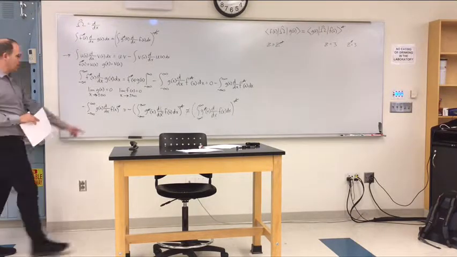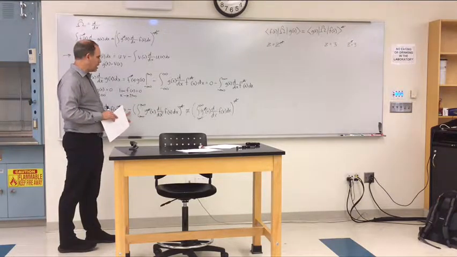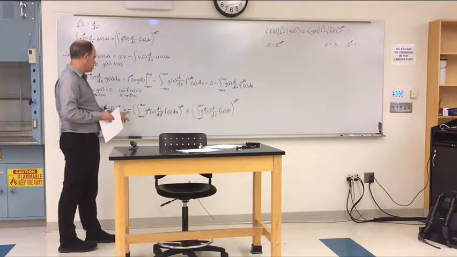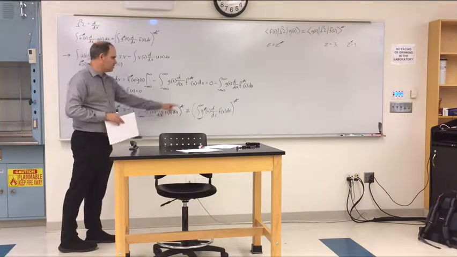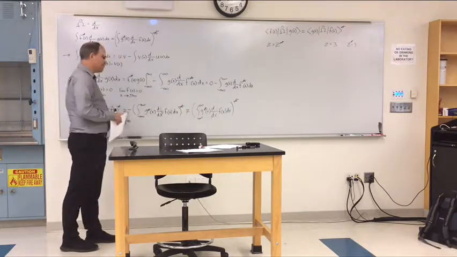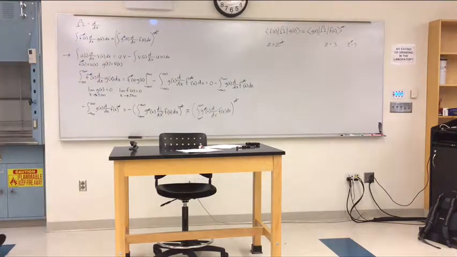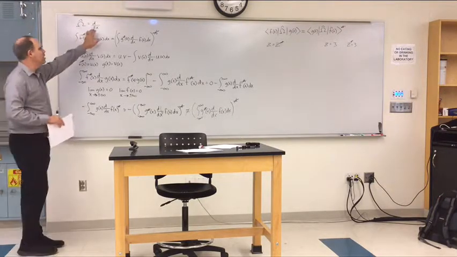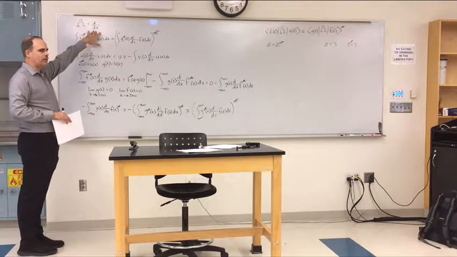The reason I put this negative inside of parentheses is that it is not affected by the complex conjugate, so I can pull it out. And I did that so that this looks the same as that, and you can clearly see the negative sign versus the non-negative sign. So what we're saying here is that the derivative is not a Hermitian operator.